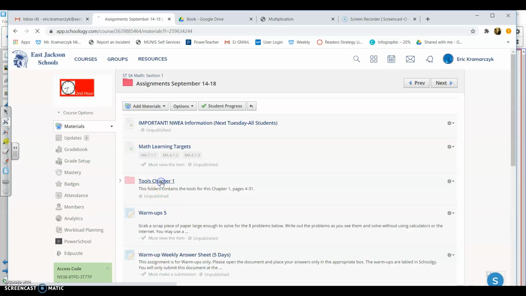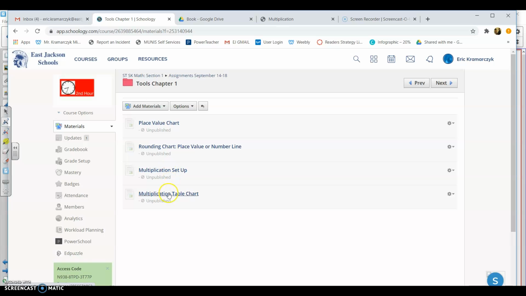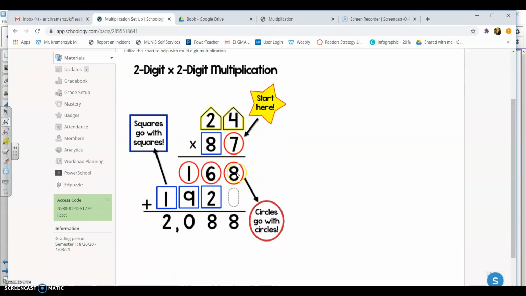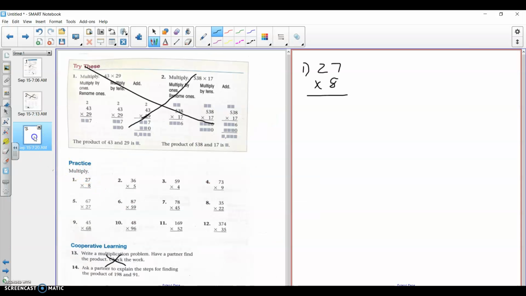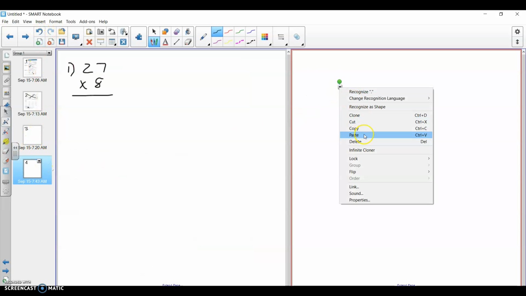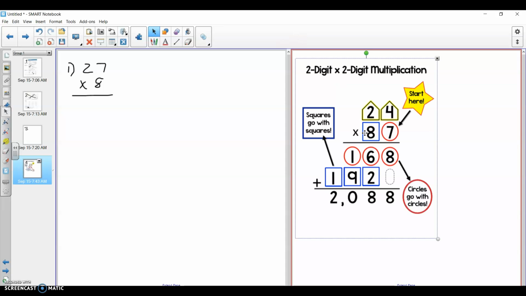I'll move it into this week, but in the tools, you have this multiplication setup reminder sheet. So this is going to be huge. Let's see if I can copy that image over here into our thing. There. Okay, so with that, this will help you.